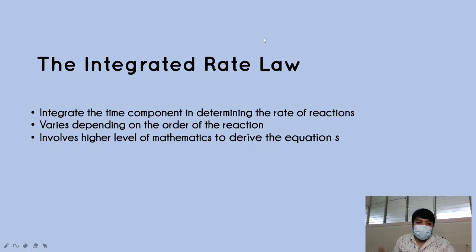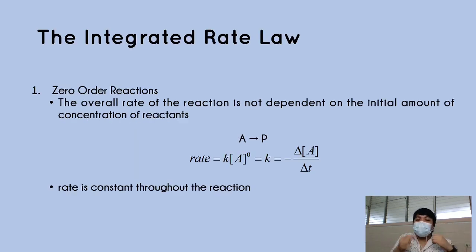So there are different integrated rate laws. We'll start with the integrated rate law for the zero order reaction, or in some books zeroth order reaction. So what does this mean? By its name, zero order, the overall reaction order is 0. So all of the exponents of all of the reactants are raised to 0.